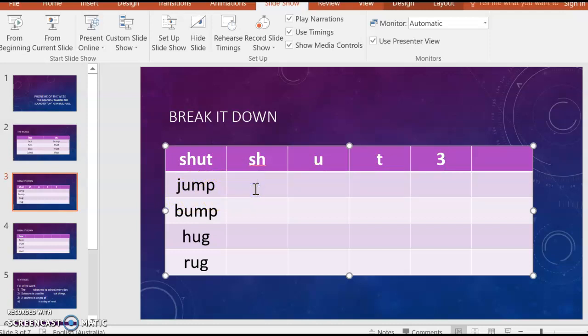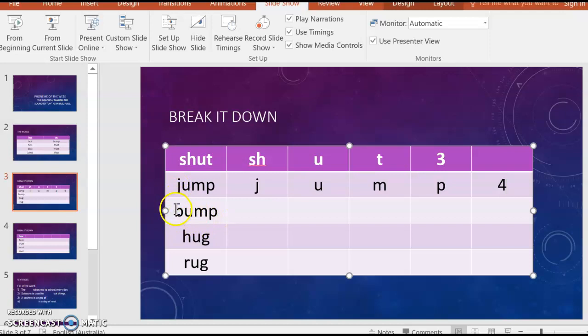So let's break that down. J, u, m, p. How many phonemes? 4. J-U-M-P. 4 phonemes. So if jump has 4 phonemes, what do you think bump might have?